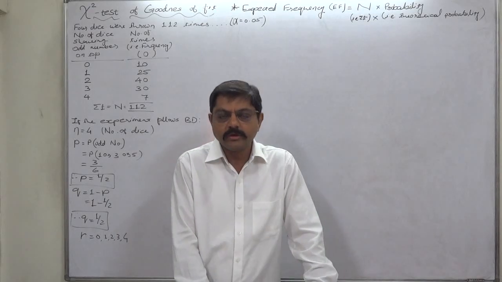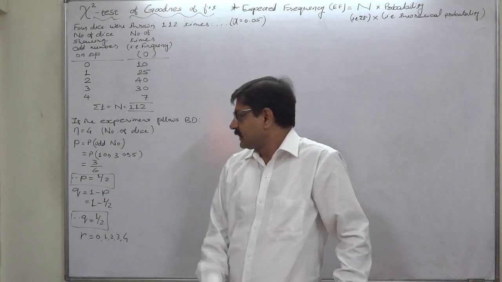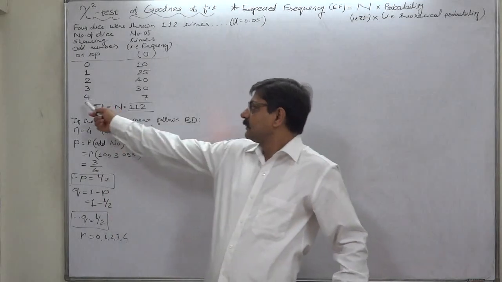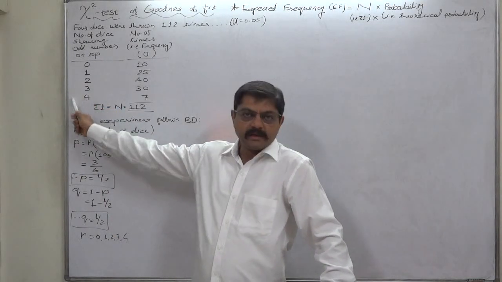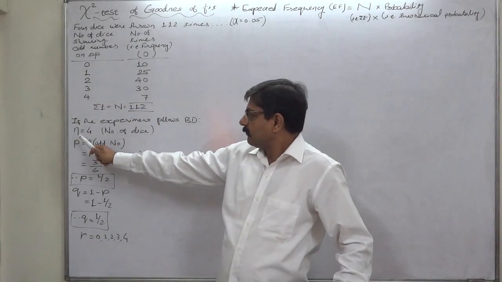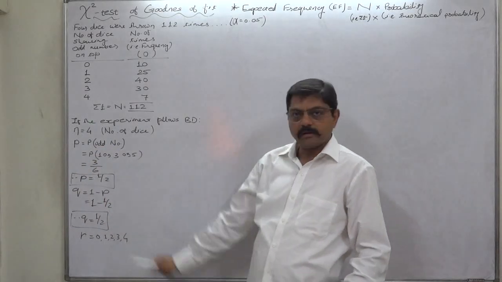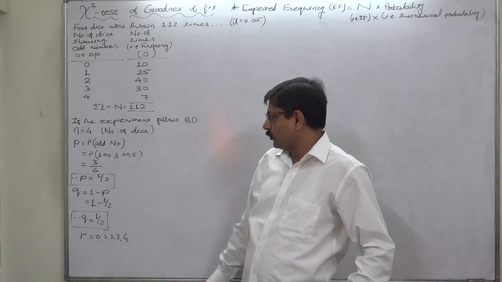So he observed that this experiment satisfies all four conditions of binomial distribution. One is the number of dice limited up to 4. Two possible outcomes: success, getting an odd number; failure, not getting an odd number, P and Q.